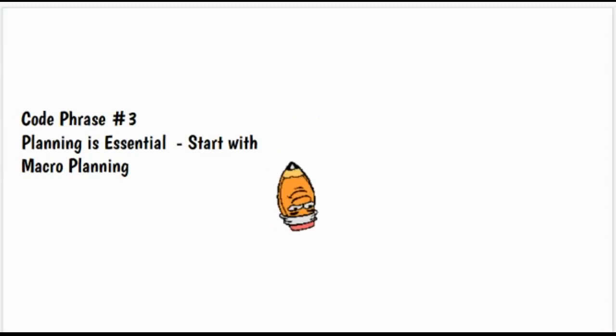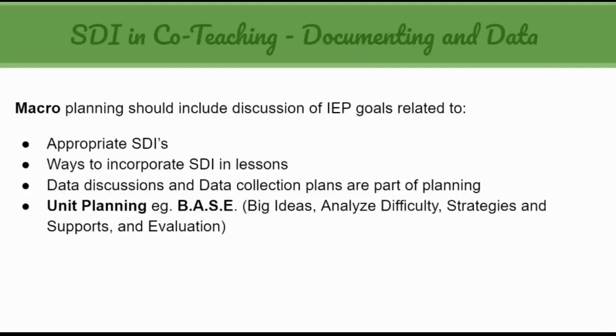Start with macro planning. There is a unit planning template that has become a good guide for special education teachers to understand what the big ideas are, be able to analyze difficulties, create strategies and supports, and then evaluate the effectiveness of it. And it's called the BASE model.